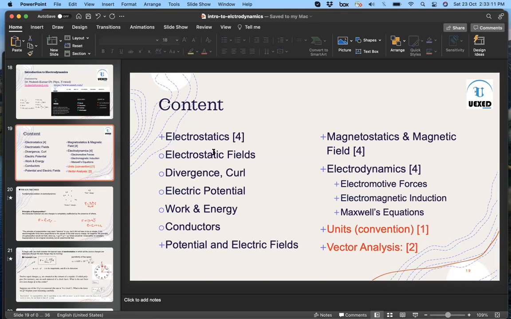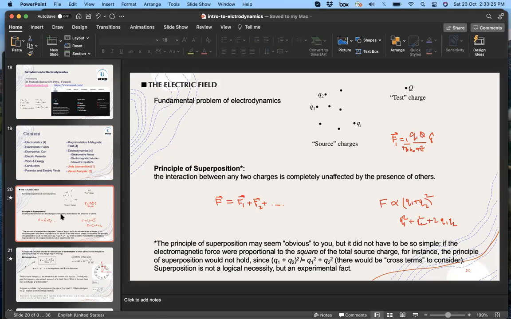Okay, so I will finish this part today. And then afterwards, we will start divergence, curl, and electric potential, etc., in the next session. Before we go, let me just remind you what we have learned so far. We learned how the principle of superposition can be used to solve the fundamental problem of electrodynamics.